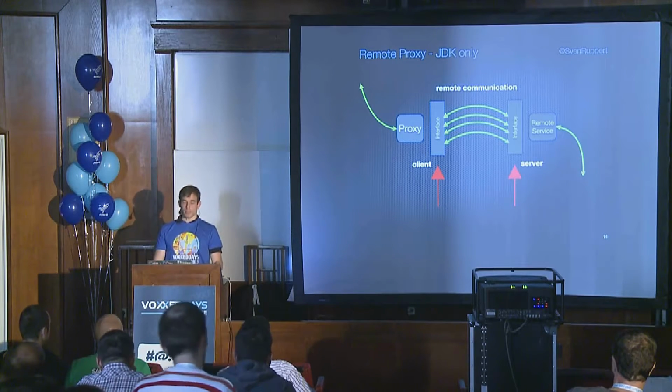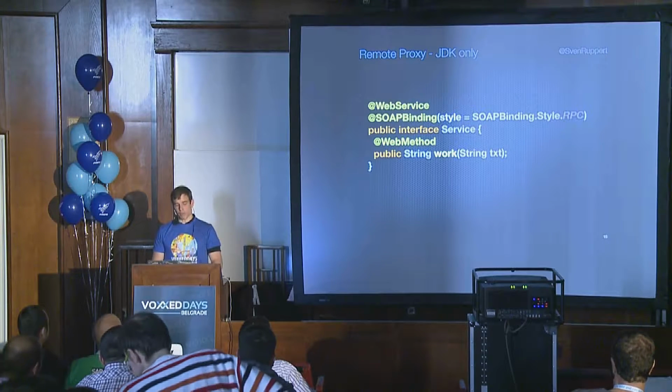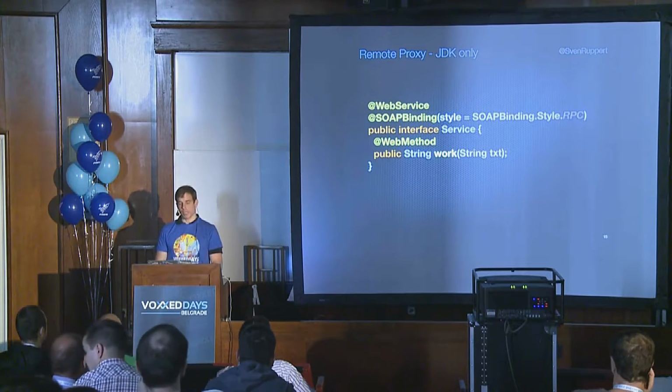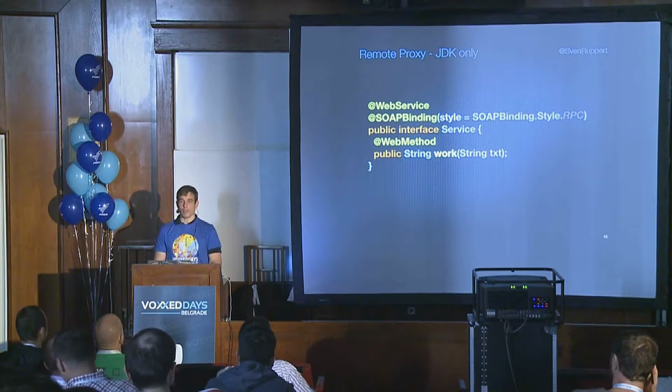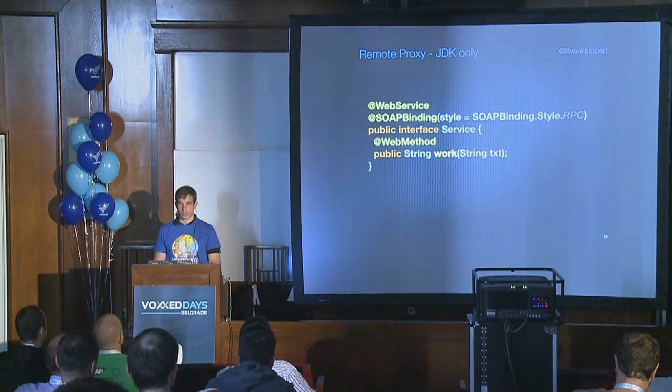If you're writing this interface, this is more or less technical stuff. You see you have an interface service and the same signature, but you have this @WebService, @SOAPBinding and all this stuff. This is technical stuff depending on the technology you're using for the remote communication. It's not part of the pattern itself.